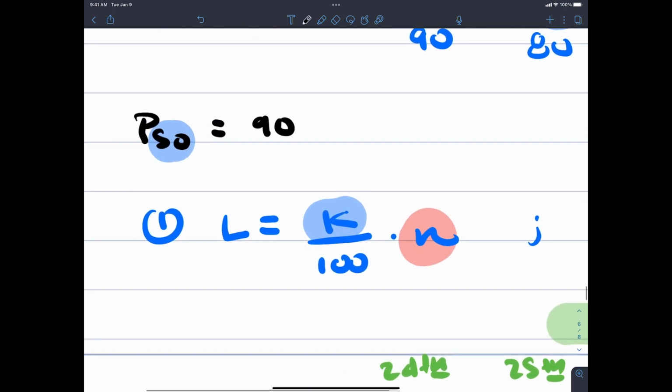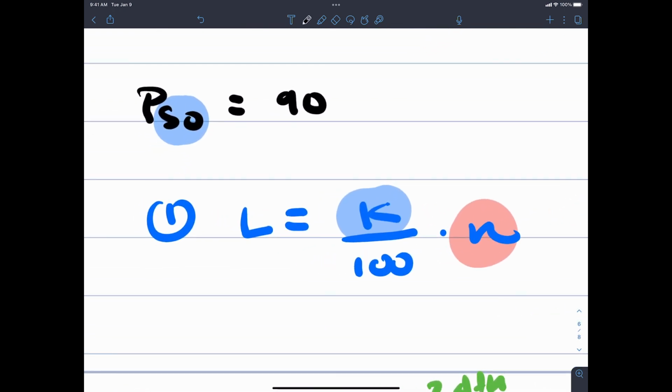So you guys were correct. It was 90. Now, what does that actually mean? Do you guys remember what this means by definition? It's not just finding a number. You got to know what it means because you got to use it.